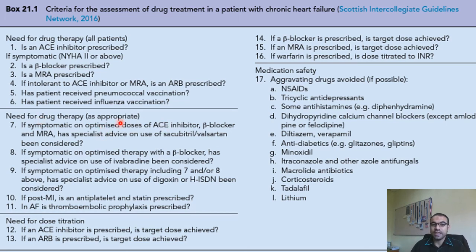So if symptomatic and receiving this one, what about switching or starting or replacing by sacubitril valsartan? What about ivabradine, whether or not it is considered? What about digoxin? What about if the patient has AF, the anticoagulant? How to add and discuss the additional anticoagulant in a given case. What about the patient post-MI, the antiplatelet. So all this is in the category of optimizing the therapy needed in a given case.